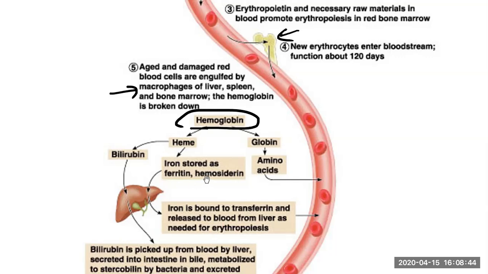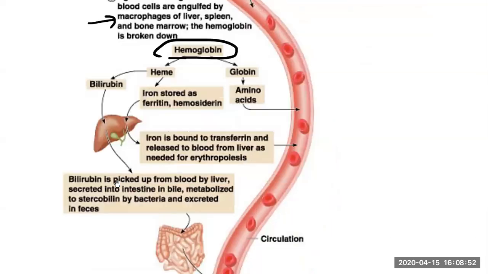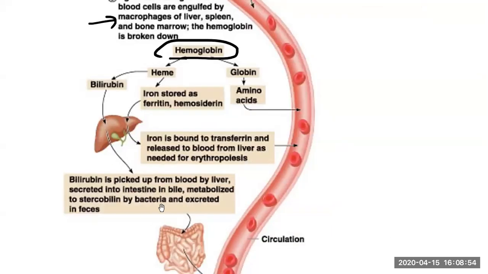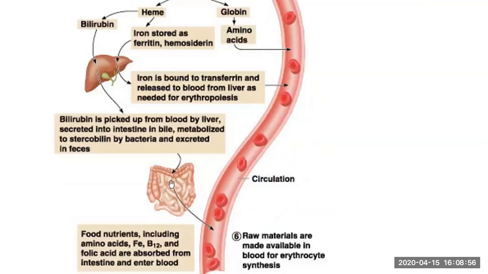So the iron can get stored in the liver, and the rest of it basically becomes the bilirubin, which again can be converted to the bile and sent into the small intestine, and the small intestine can utilize it to break down the fat and things of that nature. So that was the idea, the life cycle in a nutshell.